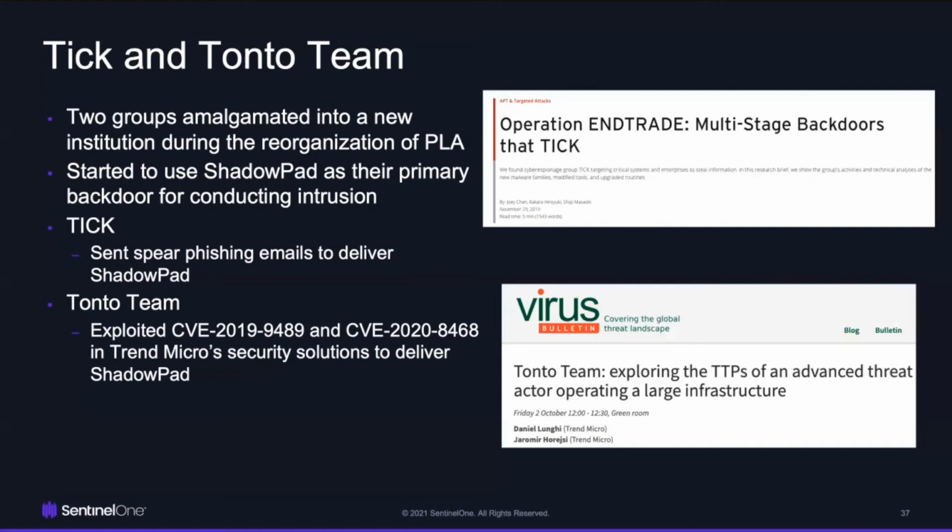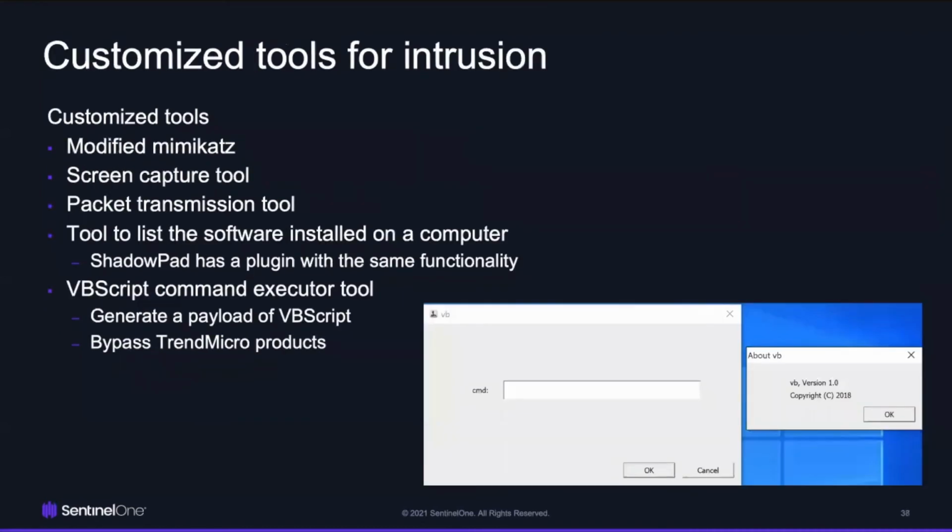Based on the sample set we collected, Tick and Tongdou used at least 5 different versions of ShadowPad. However, all of the samples only contain the basic set of plugins, because they still have the ability to develop the tools by themselves.